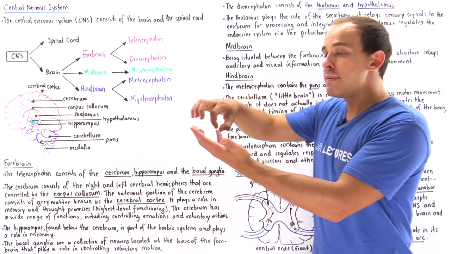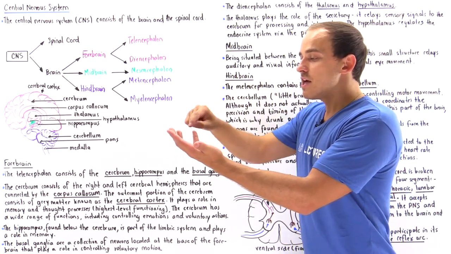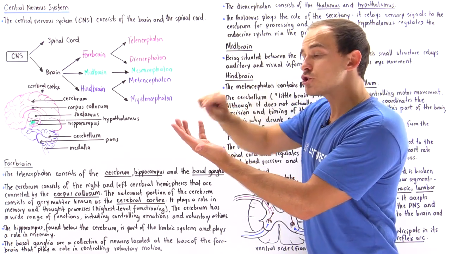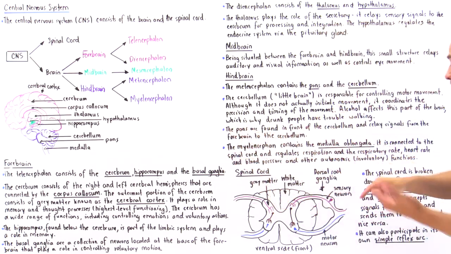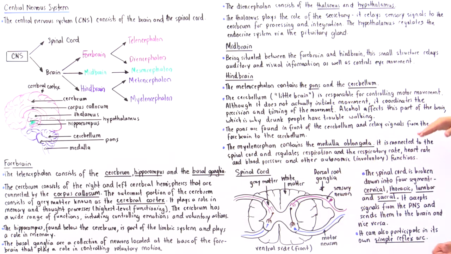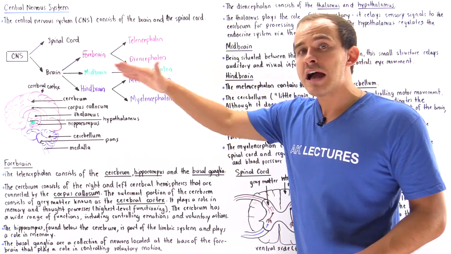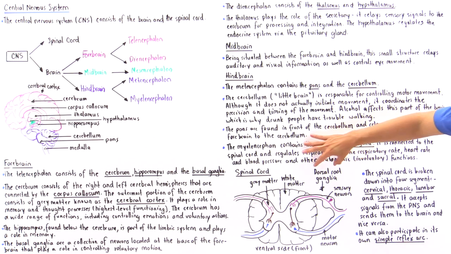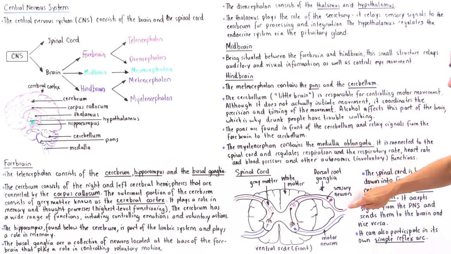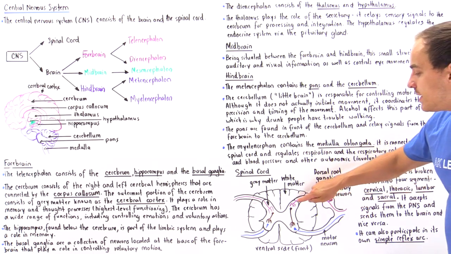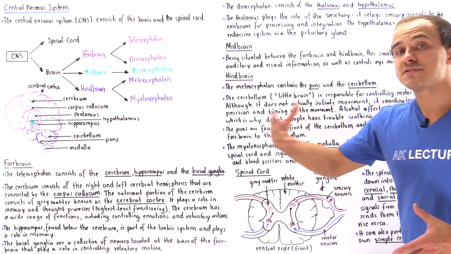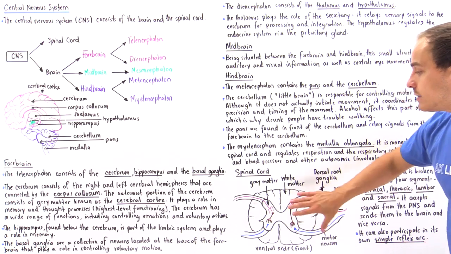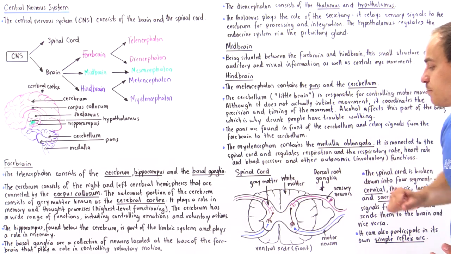Let's suppose I pinch myself, and what happens is the receptors on my finger translate that pressure into an electrical signal, which is picked up by the sensory neuron. The sensory neuron travels to the back portion of our spinal cord, known as the dorsal portion. So this is the sensory neuron. It picks up that electrical signal and gives it to an interneuron, shown in brown, found in the gray matter of our spinal cord.